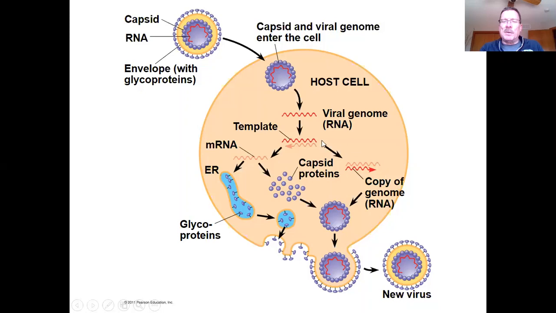Not only do you continue to copy the original genome so you can insert that in, but also your complementary strand is copied. And you can see in this case that the capsids are made, and a lot of the glycoproteins are made in the endoplasmic reticulum and transported. Now notice that they are attaching to the outside of the plasma membrane, so that as the capsids assemble and take the genome, the new virus is then budded out and forms.